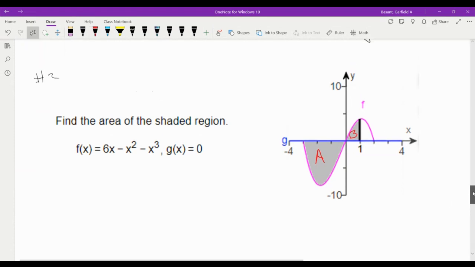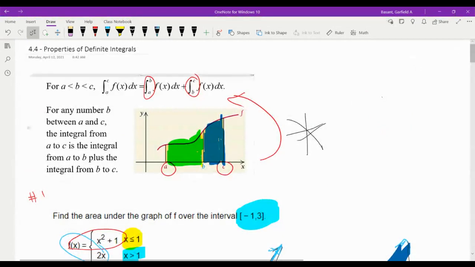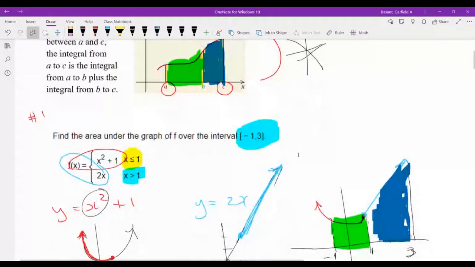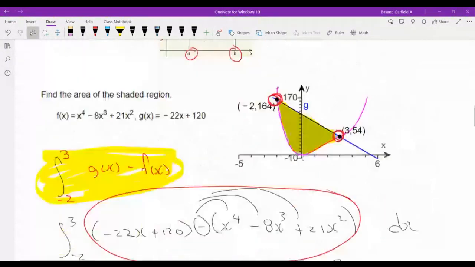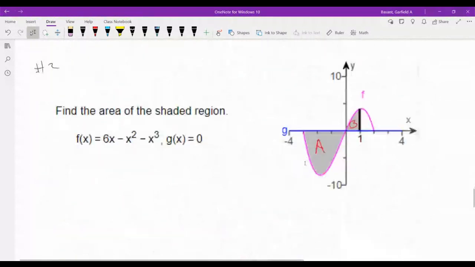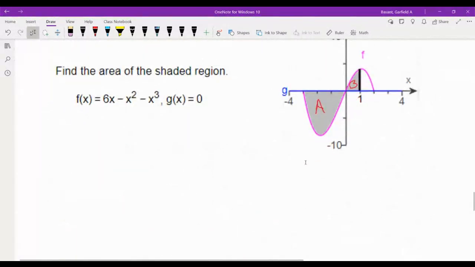So this is the rule going back to the rule above at the very beginning, where we're taking the integral over a long distance, we can split it into multiple parts, right? So here we're going to do part A, and then part B. We're going to set them up as two different areas.